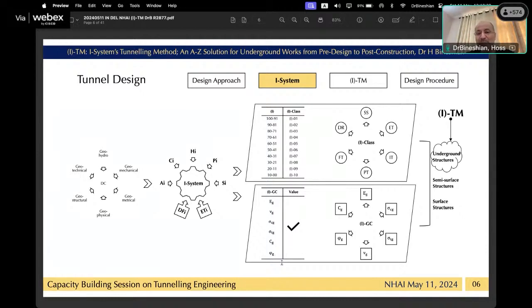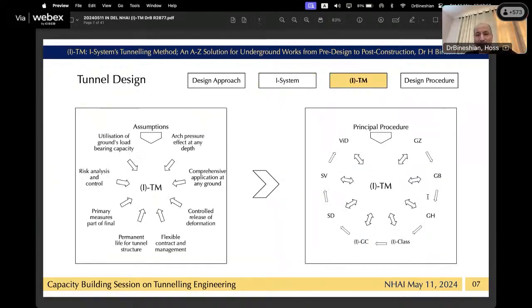With these parameters, you would be able to design the structure from A to Z. The output for underground structures is called ITM. The output of I-System for underground structures is called ITM, while for semi-surface and surface structures it is different.